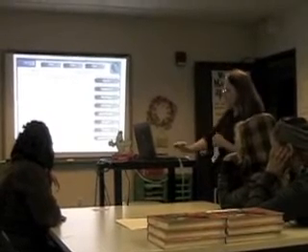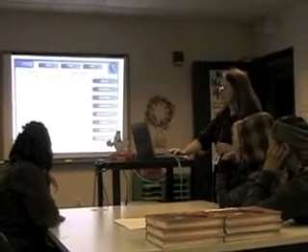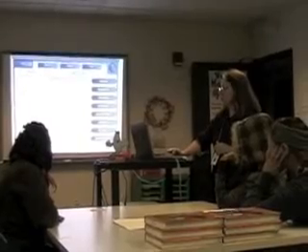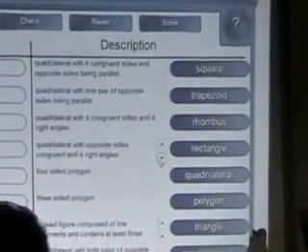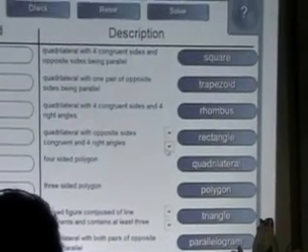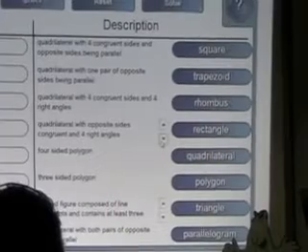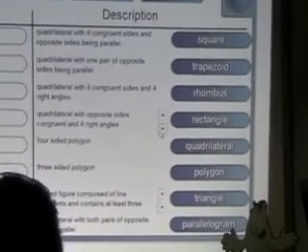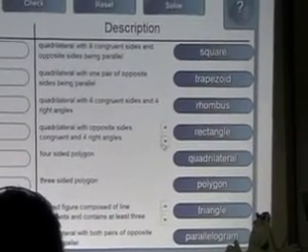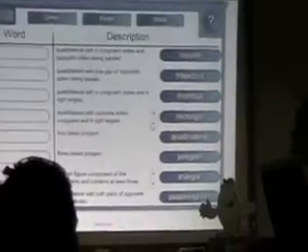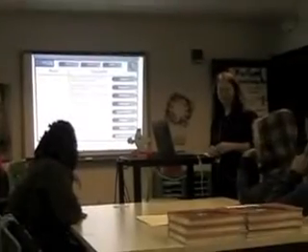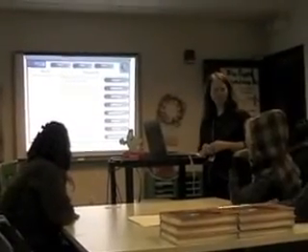This next one has a toggle switch next to it, which means that there's more to the definition. So this is quadrilateral with opposite sides congruent and four right angles. The next one would be a four-sided polygon. Polygon, that's a new word. What does polygon mean? Have you heard of it before?